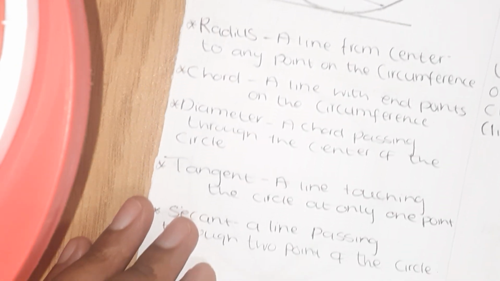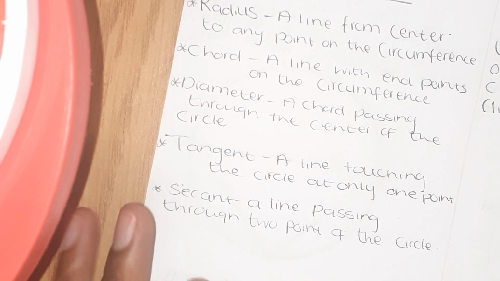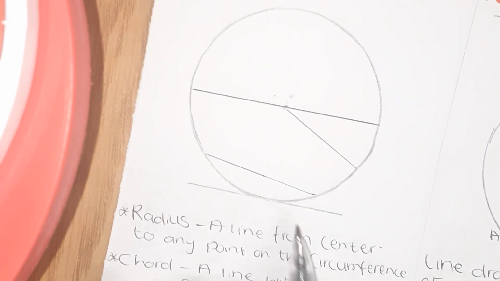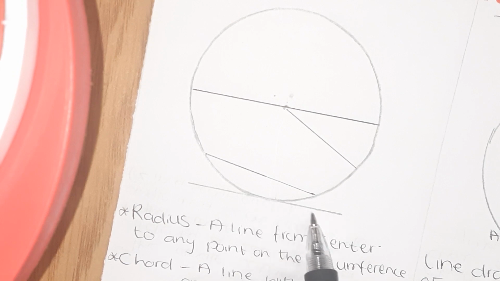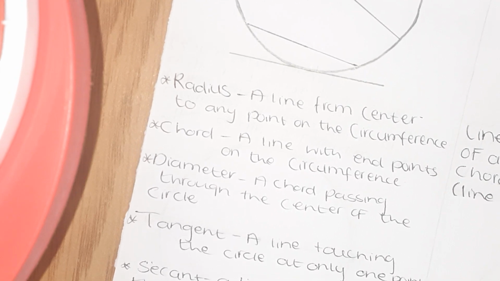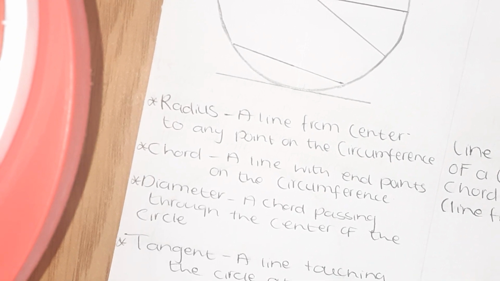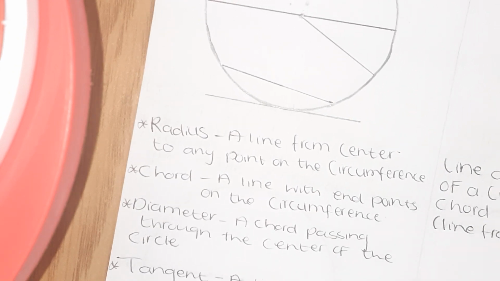Okay, so here we have a tangent, a line touching the circle at only one point, which is this line here. It touches the circle once. That is a tangent. And then we have something that we call a segment.